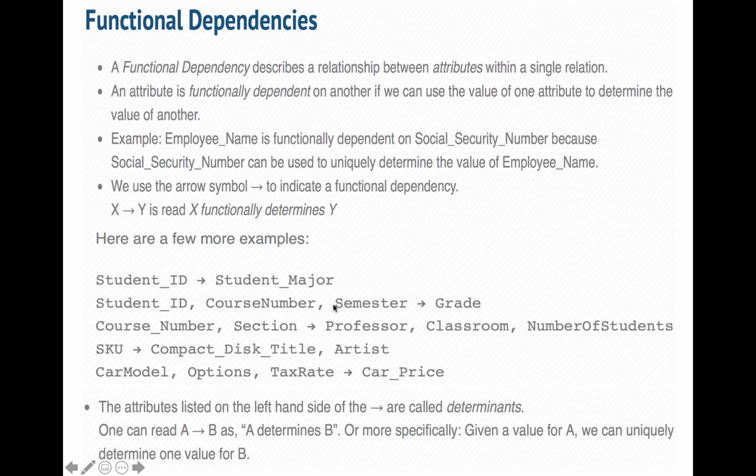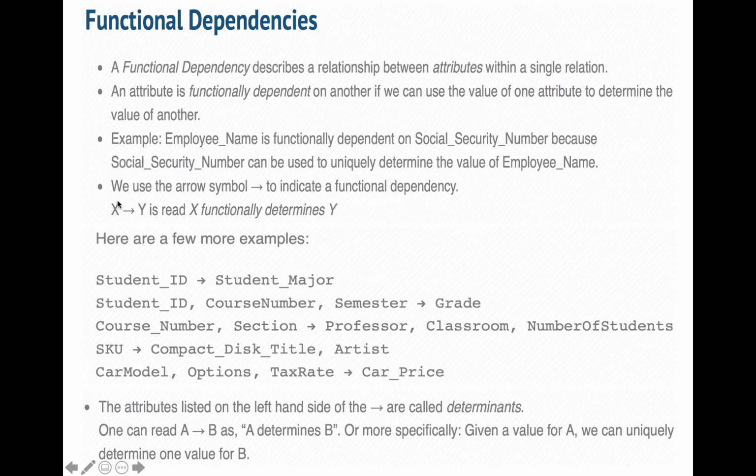So the right-hand side is functionally dependent on the left-hand side, and what we mean by that is that the right-hand side can be determined only from the left-hand side. We use the arrow symbol to indicate a functional dependency.